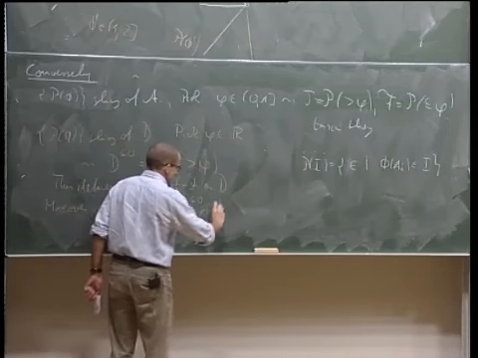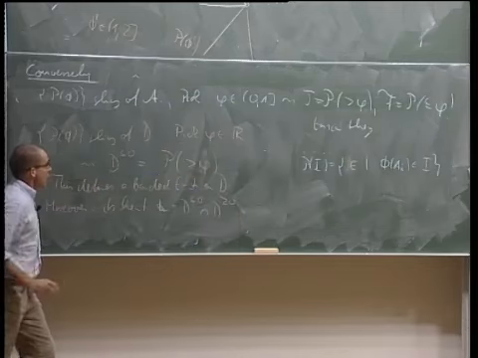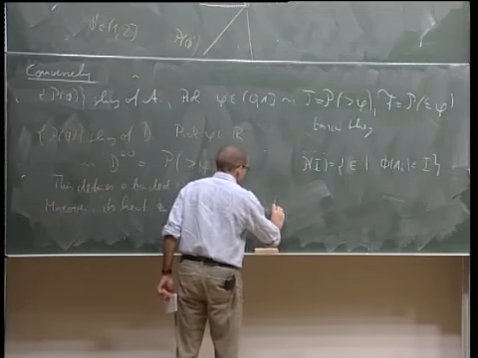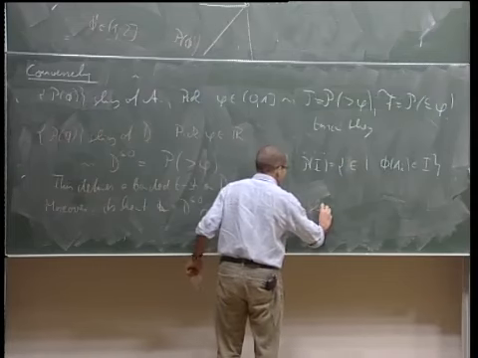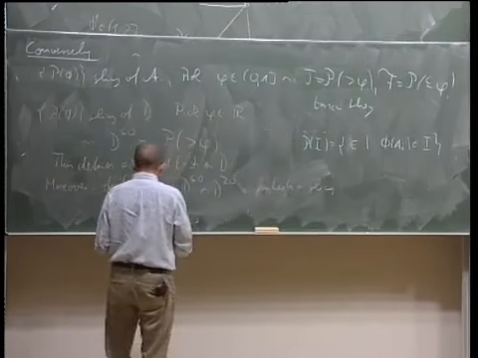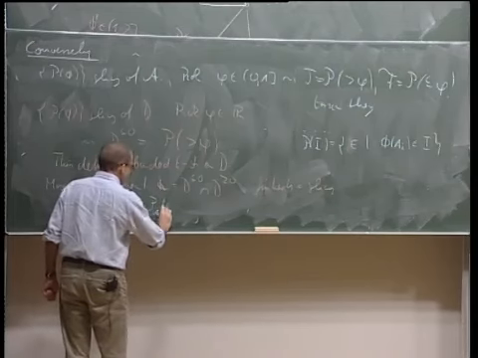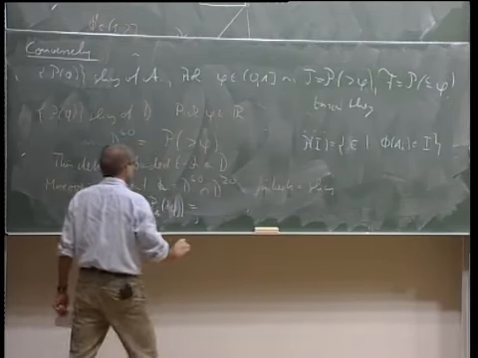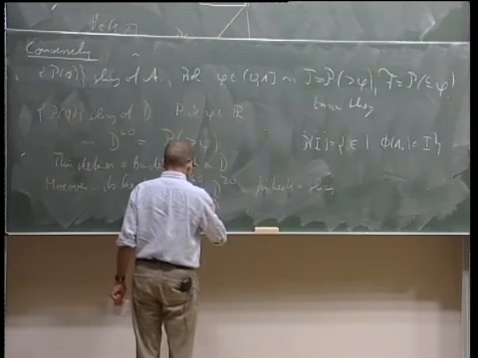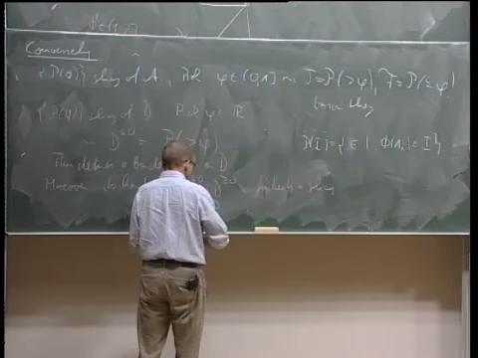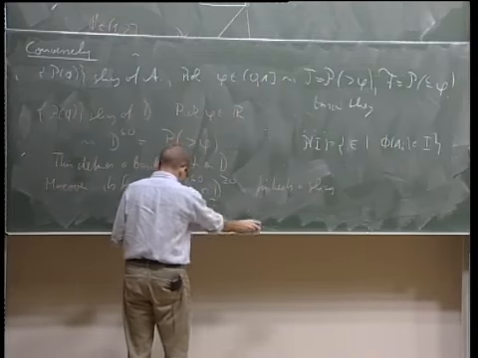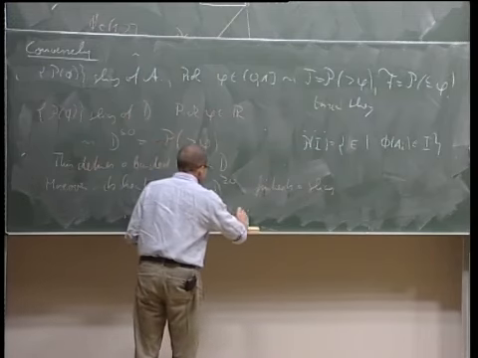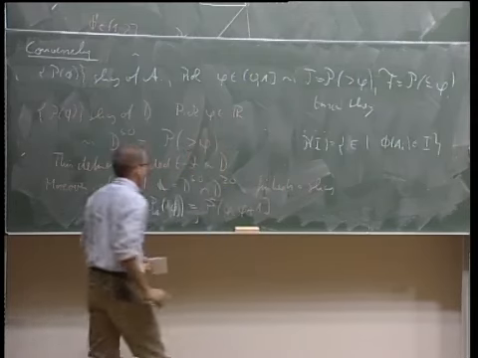This T structure has a natural heart, and the slicing in A for any phi is, definitely getting this wrong, the slicing of the triangulated category, the slicing of the triangulated category phi plus 1.